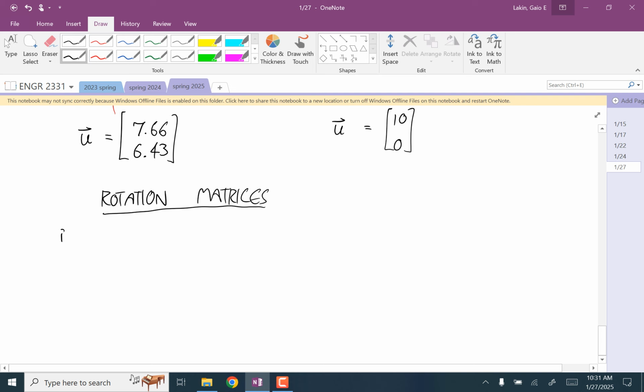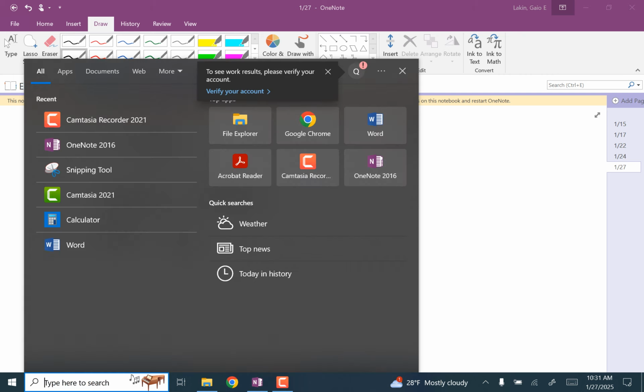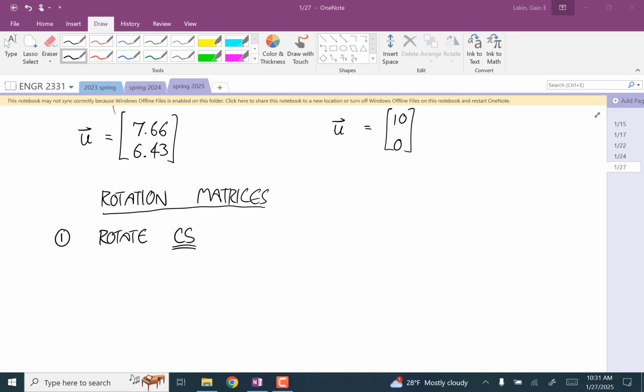So first, if you are going to rotate the coordinate system, I stress this a lot in statics, but remember that every rotation we're talking about is a rotation of the coordinate system, not a rotation of the object in the same coordinate system. Okay, so this is rotating the coordinate system theta counterclockwise about the x-axis.